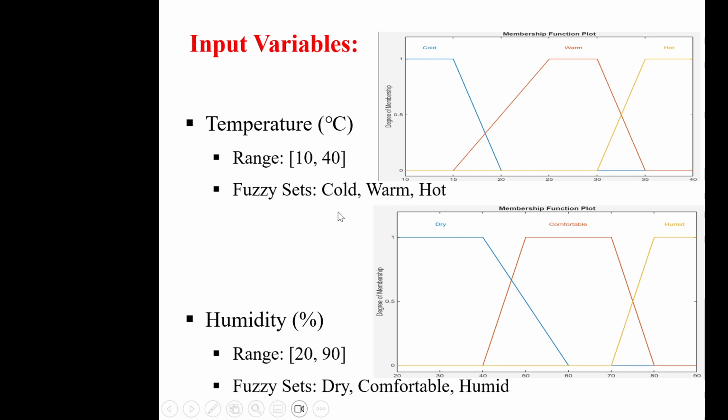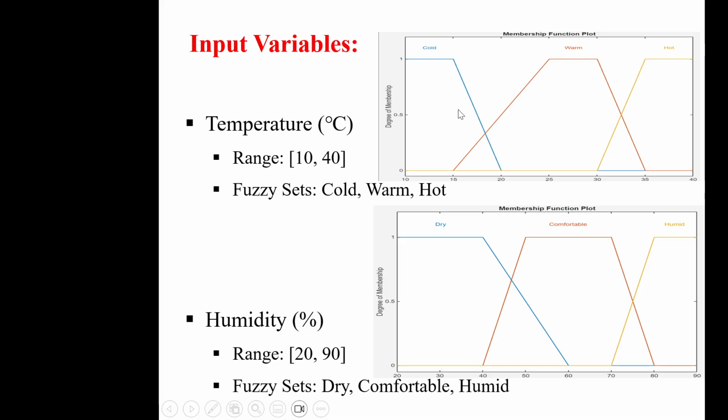Now, for us to be able to fuzzify the temperature to a fuzzy value, we need a membership function. And here, when I was teaching the class on fuzzification using a fuzzifier, I told the class that we need a membership function.